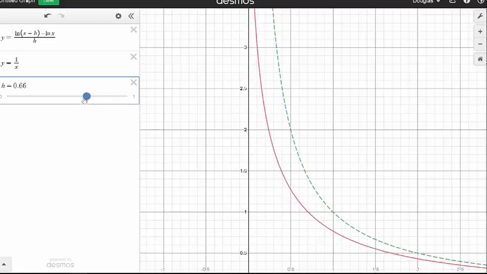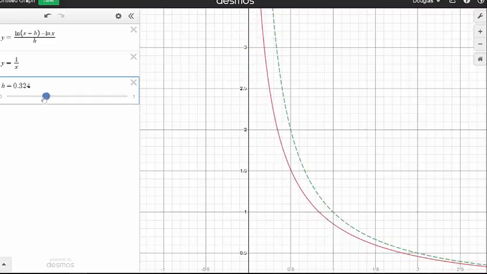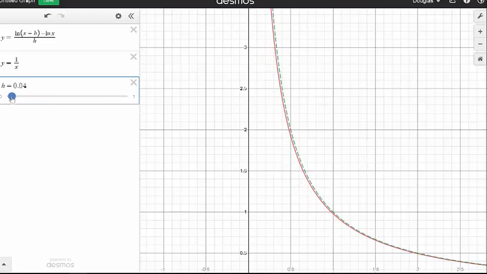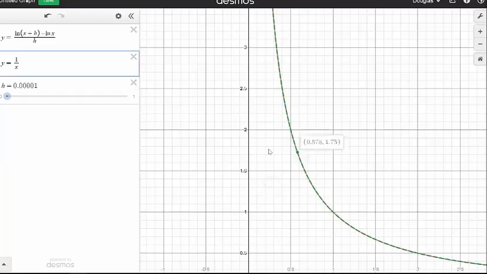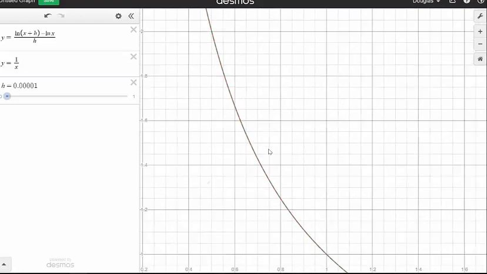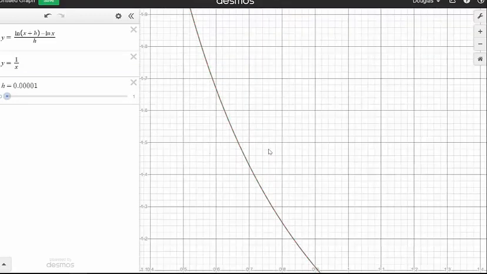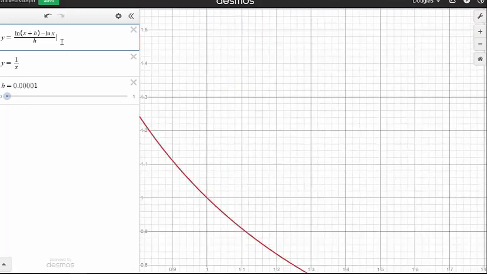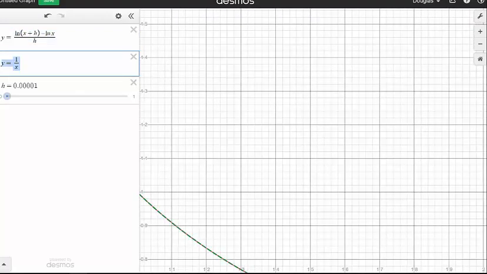And so you can see it's approaching, and then when we finally get really close, you can see it's almost right on top. It disappears at 0 because technically it's going to be a 0 divided by 0 error. So we're trying to see what's happening as we get closer and closer. So I'm going to go ahead and get really close in. You can see the closer h gets to 0, the closer this guy right here approaches this guy right here.